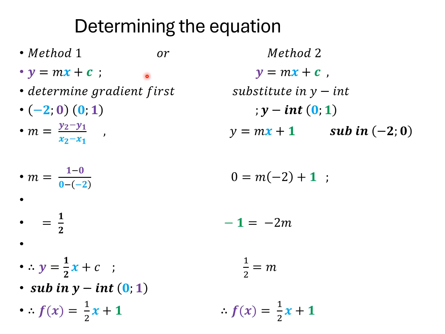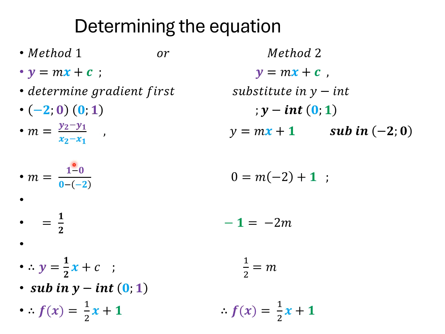Method 1. So y = mx + c. We're going to determine the gradient first. So the points we had were (-2; 0) and (0; 1). So m = (y2 - y1) / (x2 - x1). Now I've color coded so that you get used to using the same values from the same bracket in the same place. What do I mean?